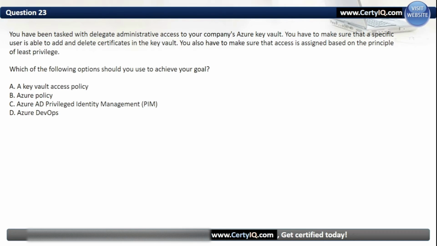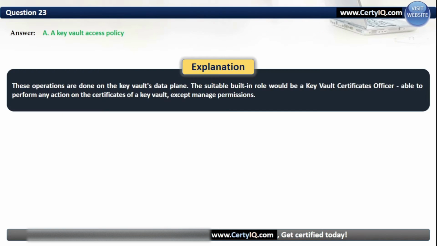Our options are A. A Key Vault access policy, B. Azure Policy, C. Azure AD Privileged Identity Management, or D. Azure DevOps. The correct option is A. A Key Vault access policy. These operations are done on the Key Vault's data plane. The suitable built-in role would be a Key Vault Certificates Officer, able to perform any action on the certificates of a Key Vault except manage permissions.